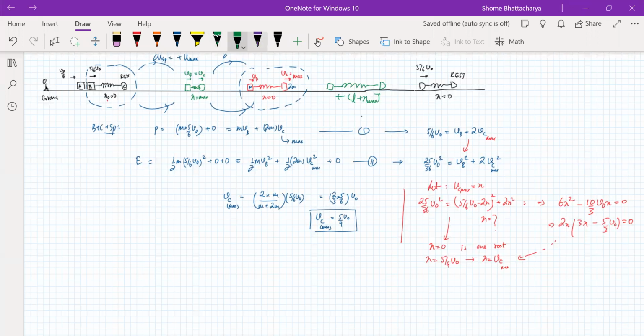And when it reaches maximum extension also at that moment, VB will be equal to VC, which will be that 5 by 18 V naught. So in a later chapter, simple harmonic motion, we learn to find the time period for this cyclical motion also.